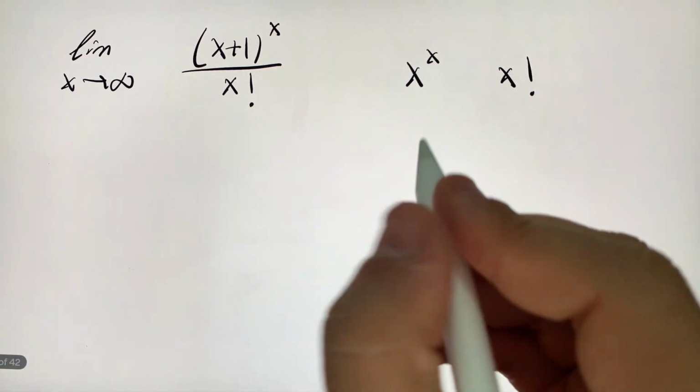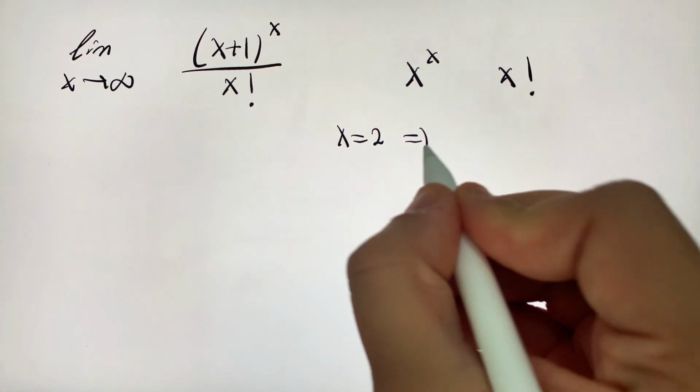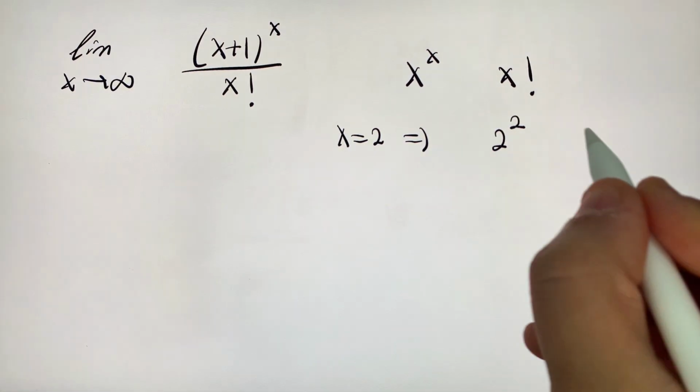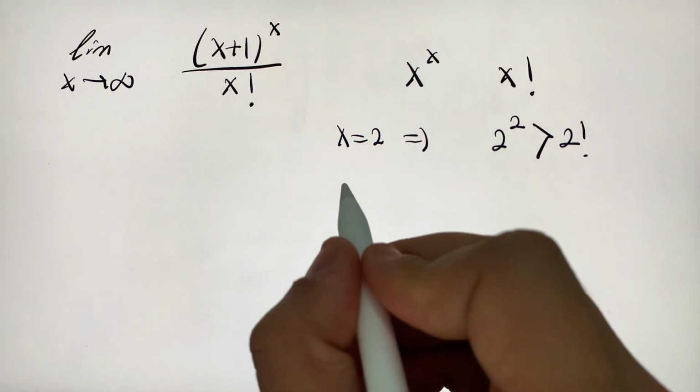Let's go by giving an example, starting with small values. X equals 2: 2 squared is 4, 2 factorial is 2, so of course it has to be bigger.